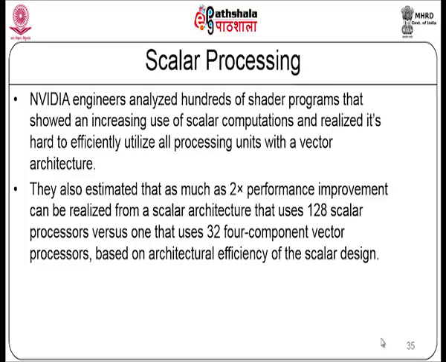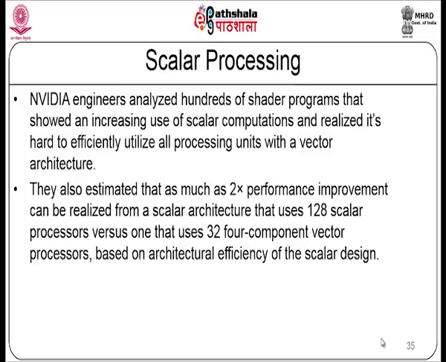NVIDIA, which is one of the most popular manufacturers of GPUs, analyzed hundreds of shader programs that showed an increasing use of scalar computations and realized that it is hard to efficiently utilize all the processing units within a vector architecture. So, they were not happy with the vector architecture, it was not justified.